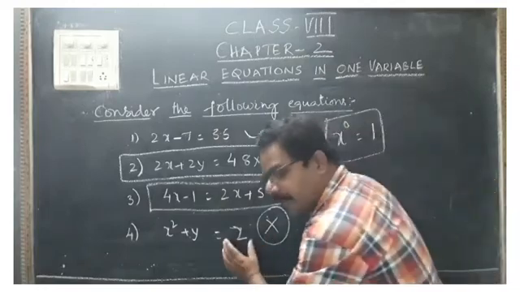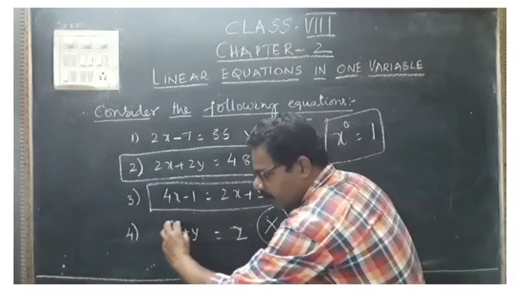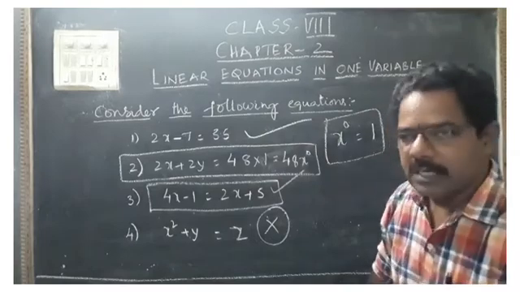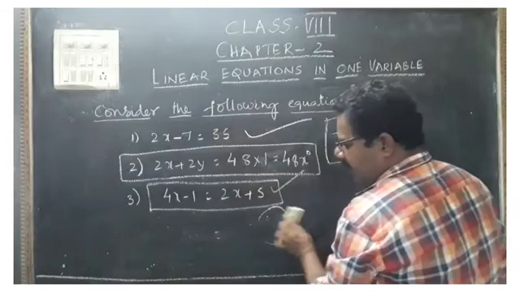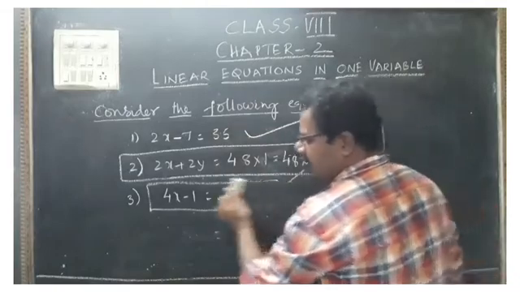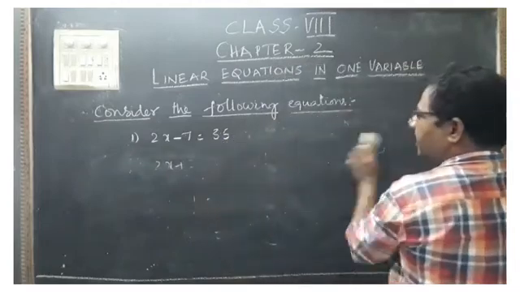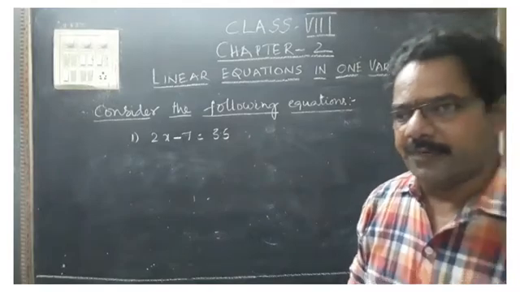But here the degree is equal to 1, here the degree is equal to 1, but here the degree is equal to 2. So we cannot consider it as a linear equation. A linear equation is nothing but the equation with degree 1. That type of equations we call linear equations.